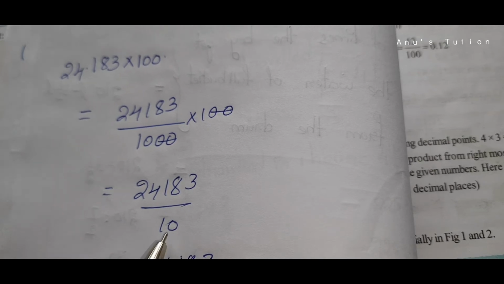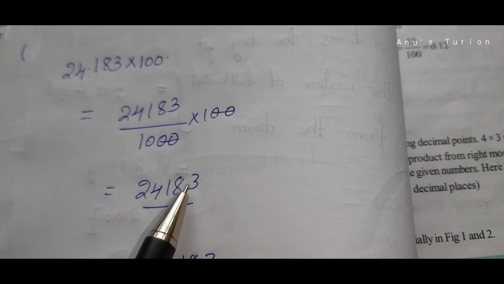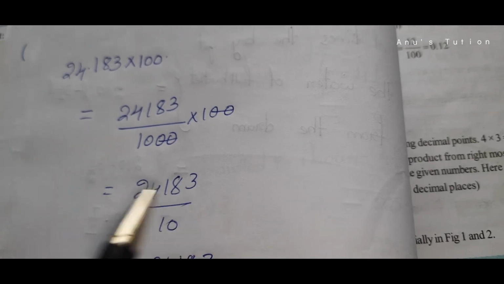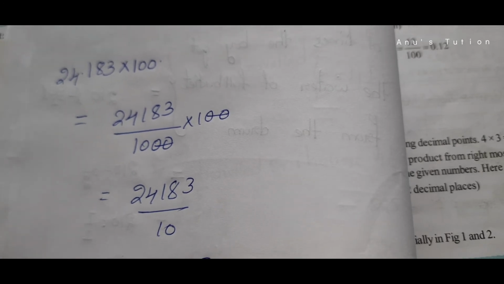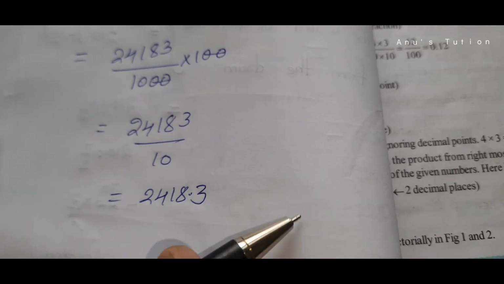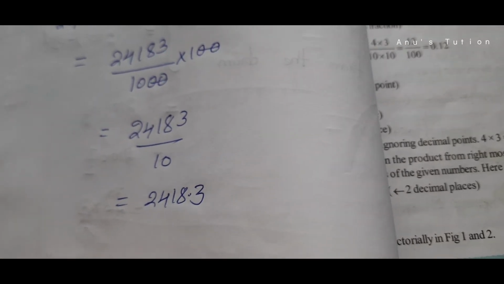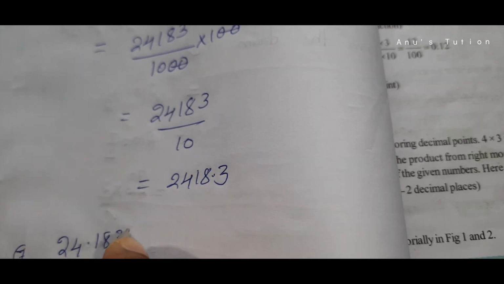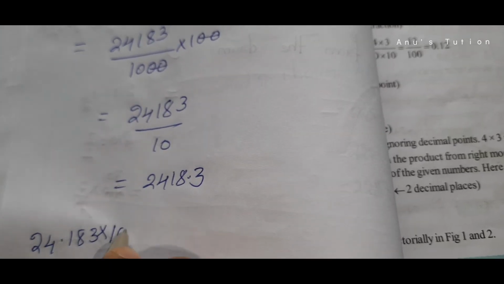By 10 means we will get one digit before the decimal point, 2418.3. What is the answer? 2418.3. Next, another one, 24.183 into 1000.